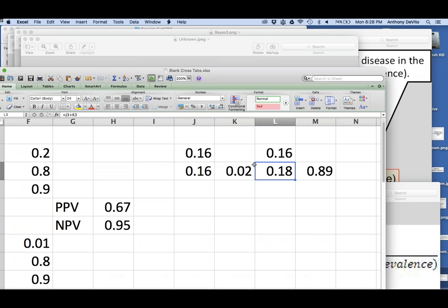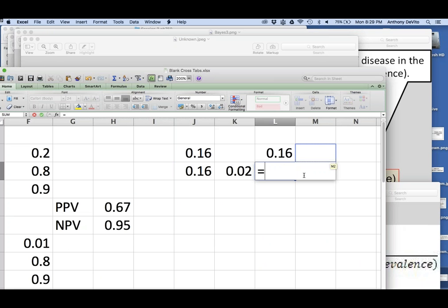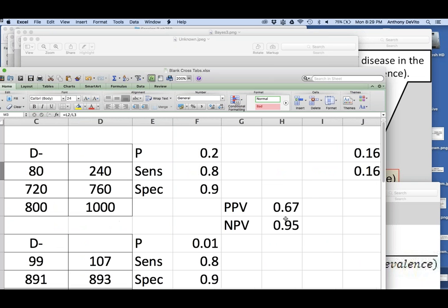So 1 minus would have been 0.2. So it should have been, what was it again? 1 minus the specificity is equal to 0.1 times 1 minus the prevalence. The prevalence was 0.8, so it should have been 0.2. Did I get that right? No, I got that right. So now why am I not getting this?